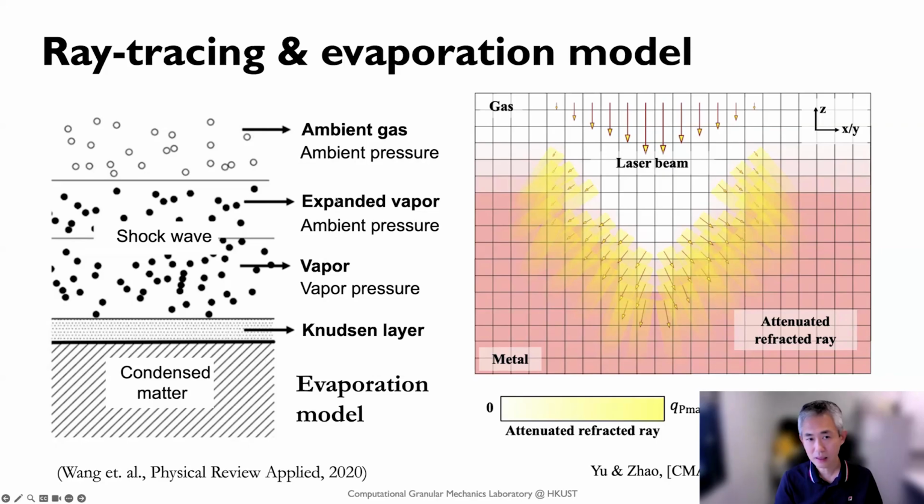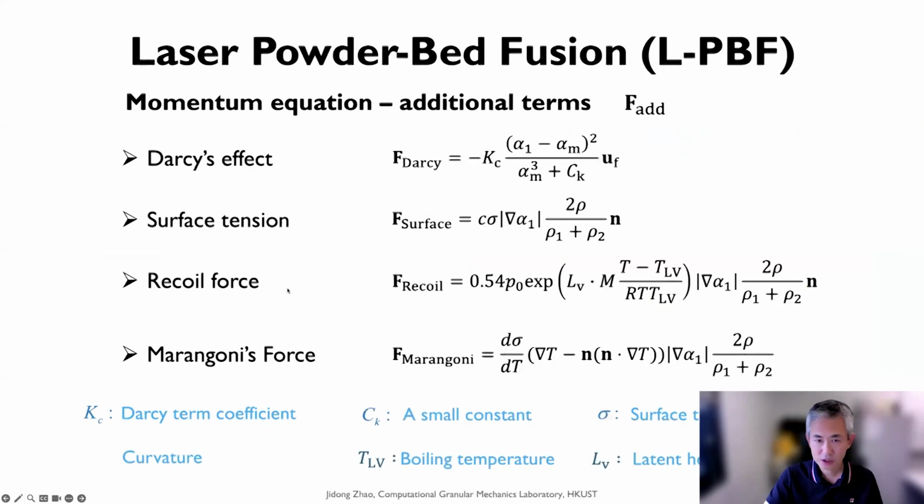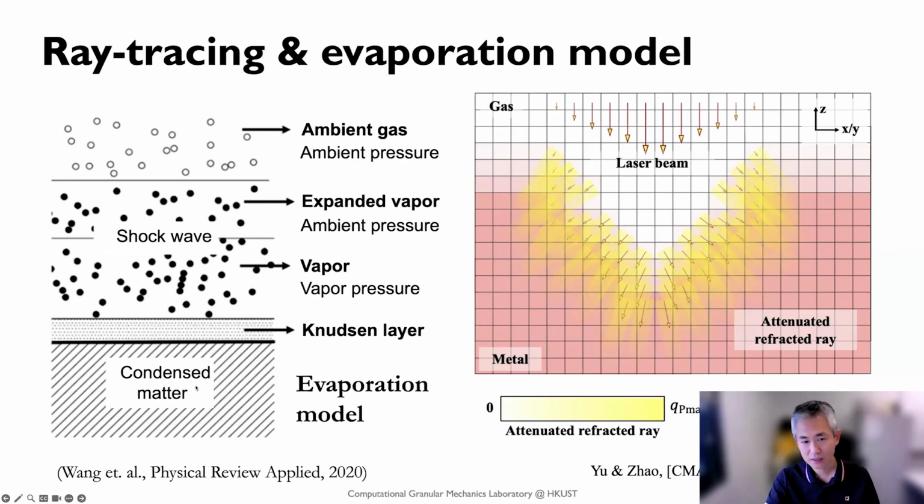You have the condensed matter, for example the molten liquid, then a thin transition layer, then a vapor layer that generates a shock wave, then a refined layer of vapor mixed with the ambient gas, and further out is the ambient gas.